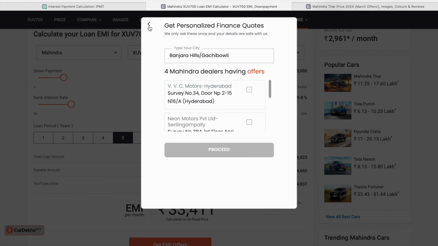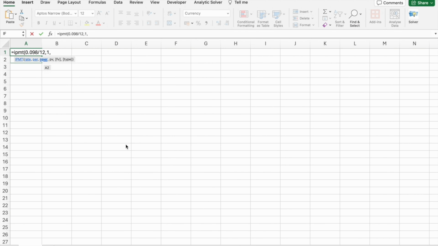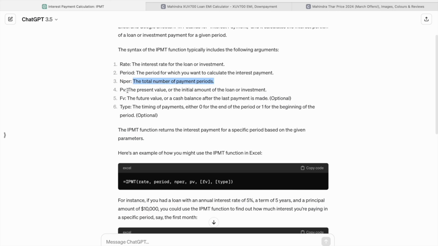Here the loan period is 5 years, so 5 into 12. Then PV means the present value or the initial amount of the loan or investment.